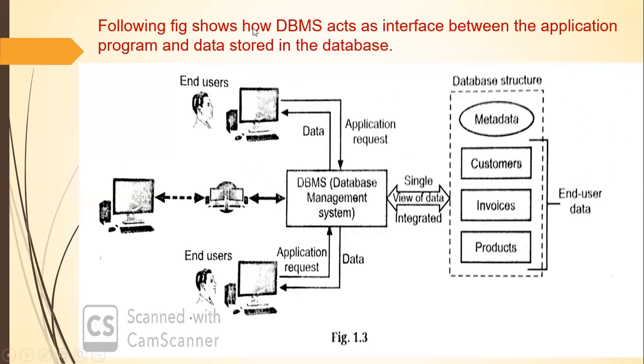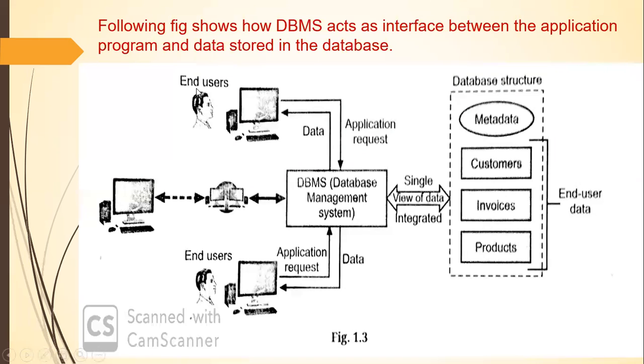Now it shows how the database management system acts as an interface between the application program and the data stored in the database, okay. Now here we can consider the end user. This is one of the end users, and here output is given to the end user also, okay.